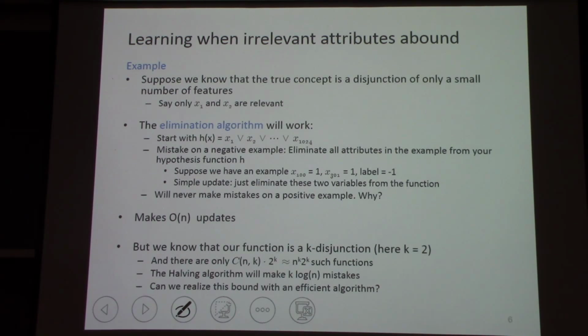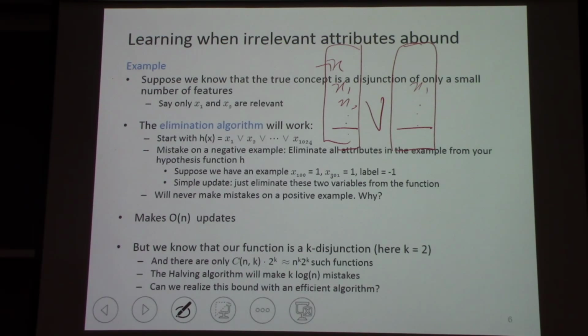Right? The number of 2 disjunctions is, you have 2 slots, and here you can put x1 or x2 or any of these things. Or it can be negated, so it can be not x1, any of these things here. So you choose 2 variables, and then for each of them you can assign a positive or negative sign.